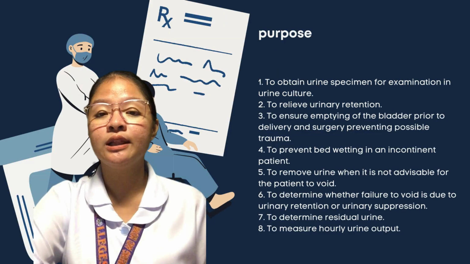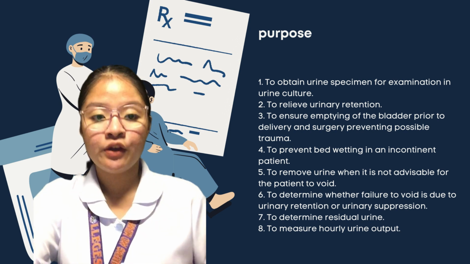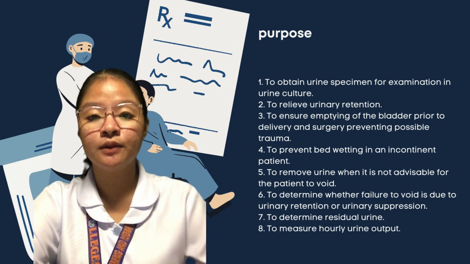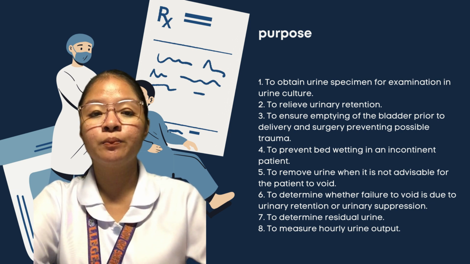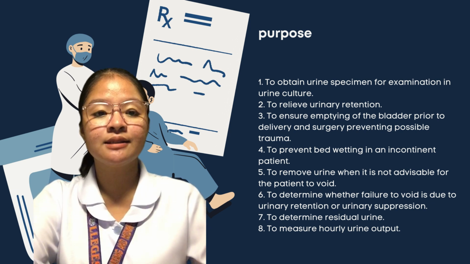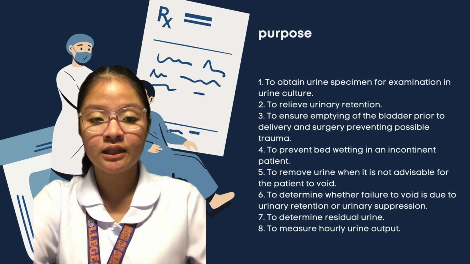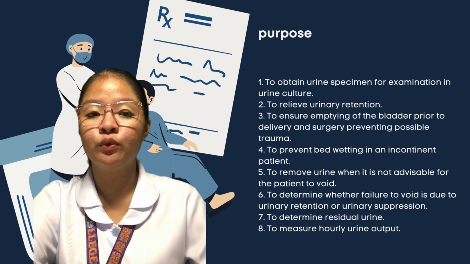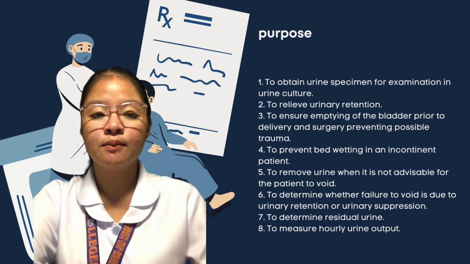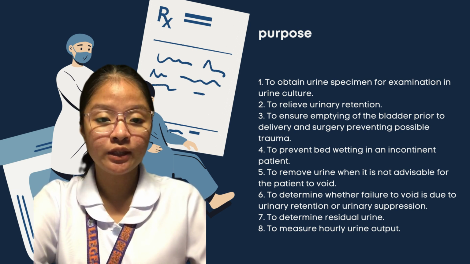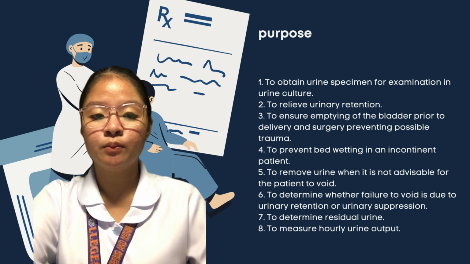Next is to relieve urinary retention. Third is to ensure emptying of the bladder before delivery and surgery, preventing possible trauma. Next is to prevent bedwetting in an incompetent patient. Next is to remove urine when it is not advisable or avoidable for the patient to void.